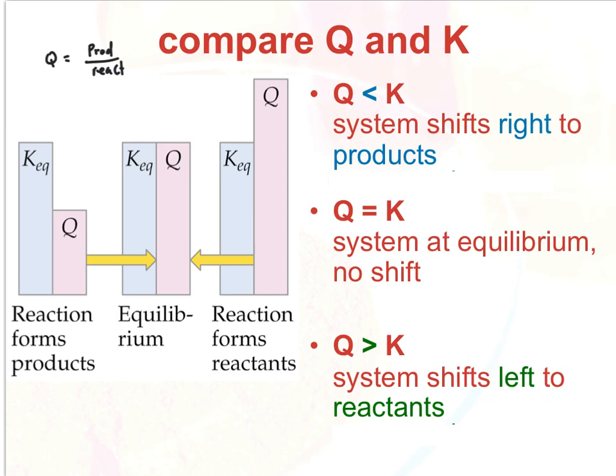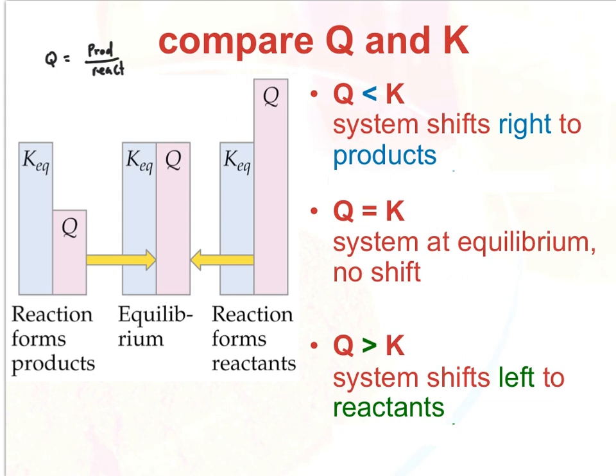So in order for the system to reach equilibrium, more products must be produced. The reaction is going to shift to the right, decreasing the reactants and increasing the products, and you're subsequently going to reach equilibrium. That's the direction the reaction would need to shift.